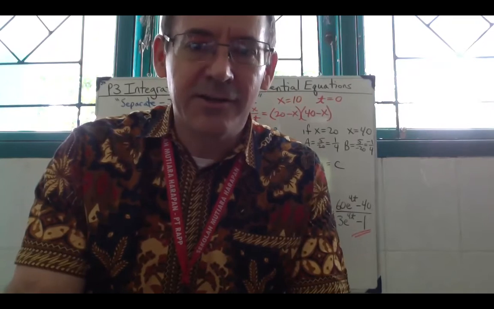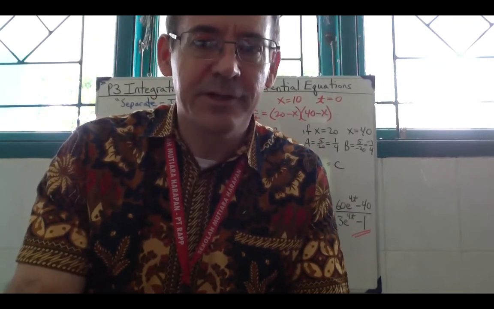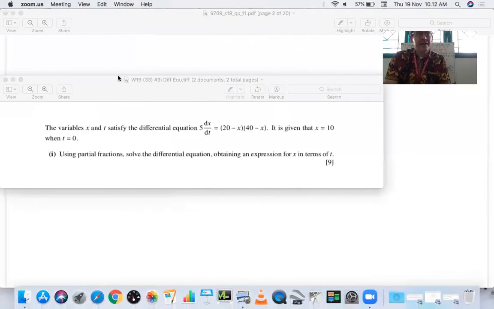Okay, let's look at our last example for this video. Here we have the variables x and t satisfy the differential equation 5 times dx dt equals 20 minus x times 40 minus x. It is given that x equals 10 when t equals 0. This is a 2-part problem.